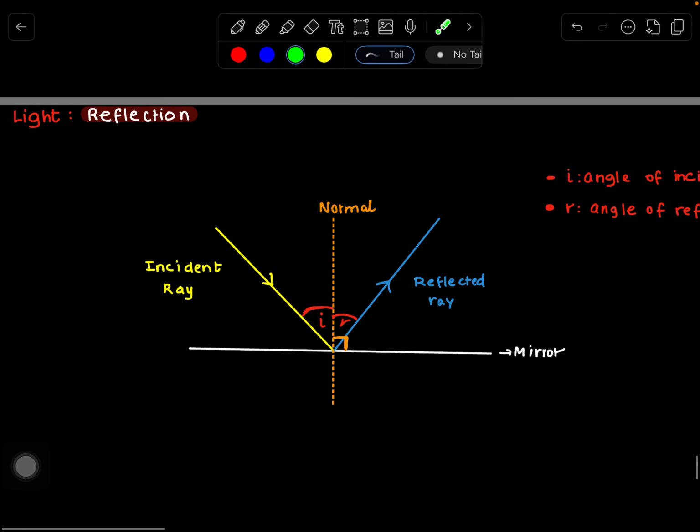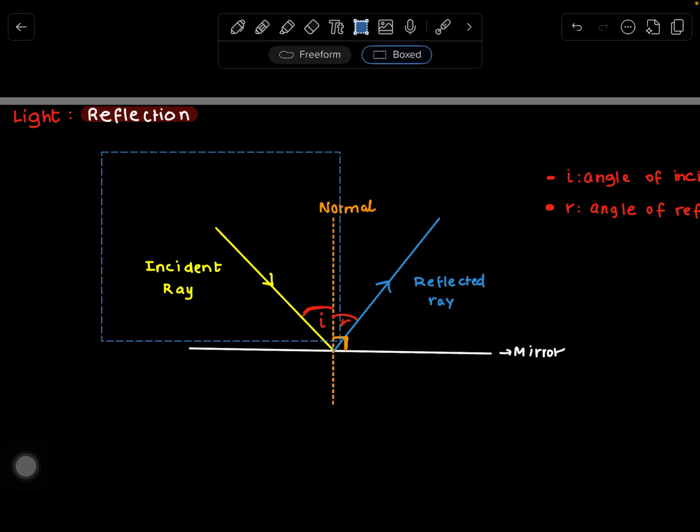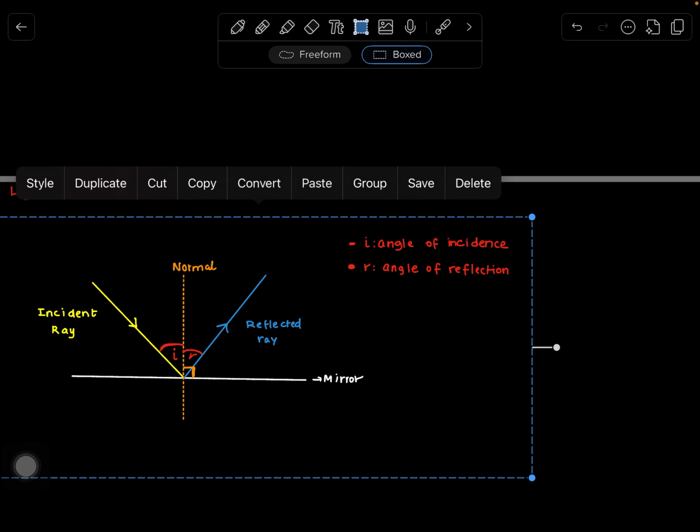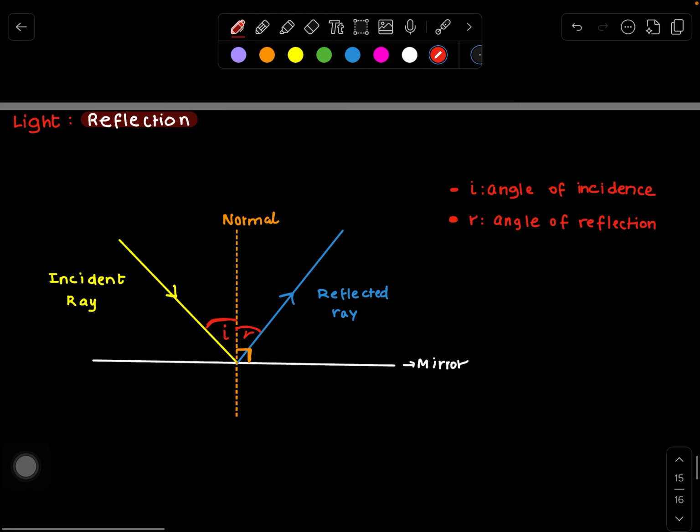In other words, जब आपका ये angle इस angle के equal होगा सिर्फ तब हम कह सकते हैं कि reflection हो रही है. Okay, this is very important.